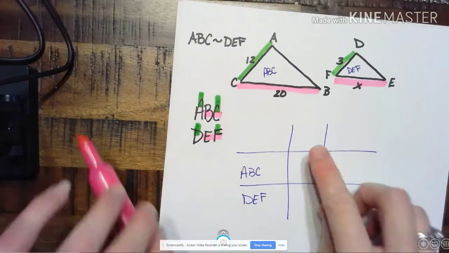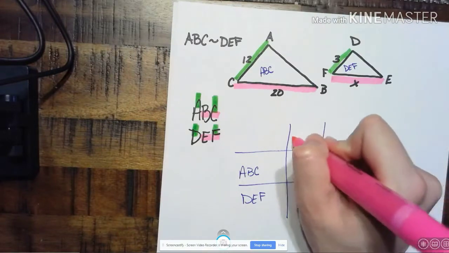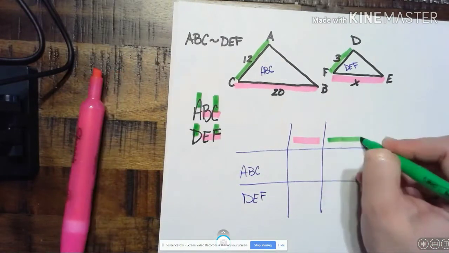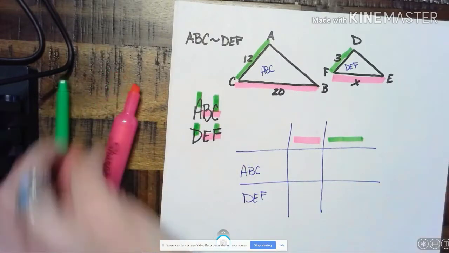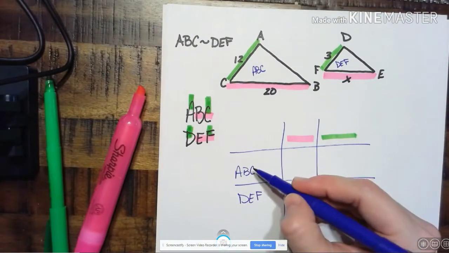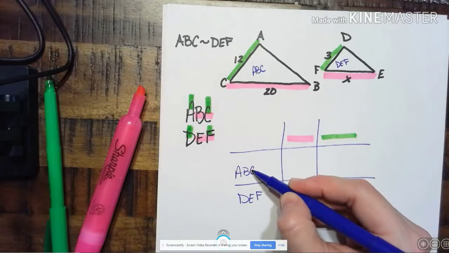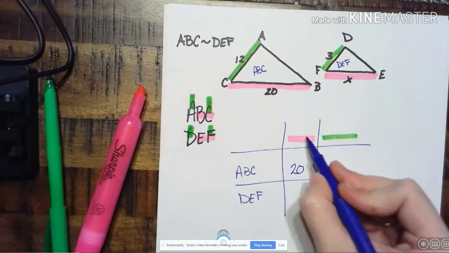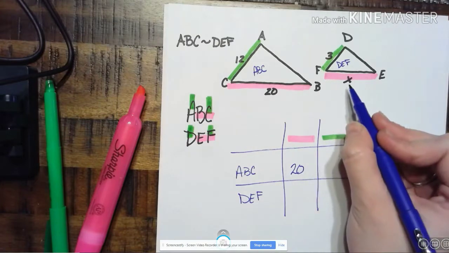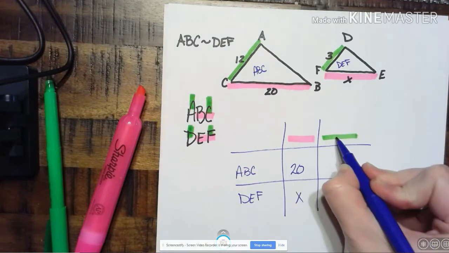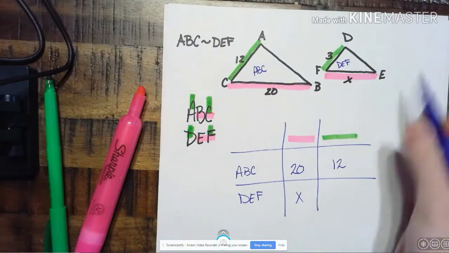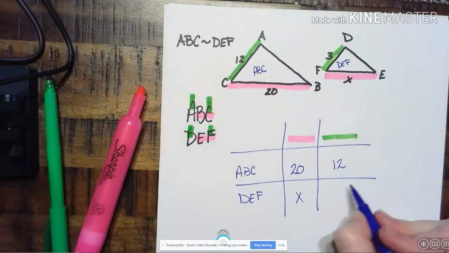And then for our comparison up here, we just made highlighter marks, a pink highlighter mark and a green highlighter mark. And so then we said, okay, I need the pink side of triangle ABC, and they could easily find it. And then the pink side of DEF, that's X. And then the green side of ABC, and that's 12. And then the green side of DEF is 3.